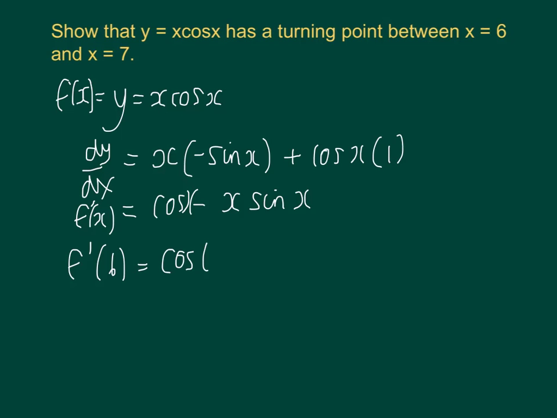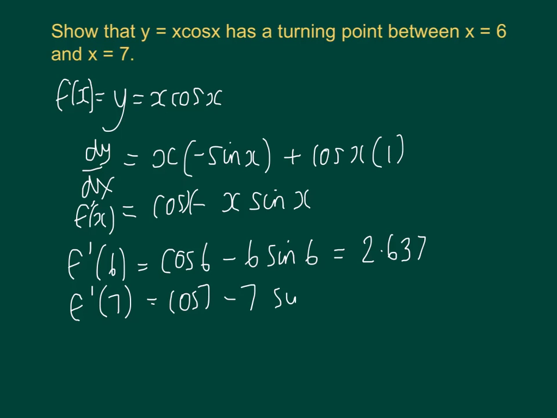The cosine of 6 minus 6 sine 6. Okay, so we've put those values into our calculator. We get 2.637 to 3 decimal places. F dashed of 7 is going to be the cosine of 7 minus 7 sine 7. Okay, and we get minus 3.845.